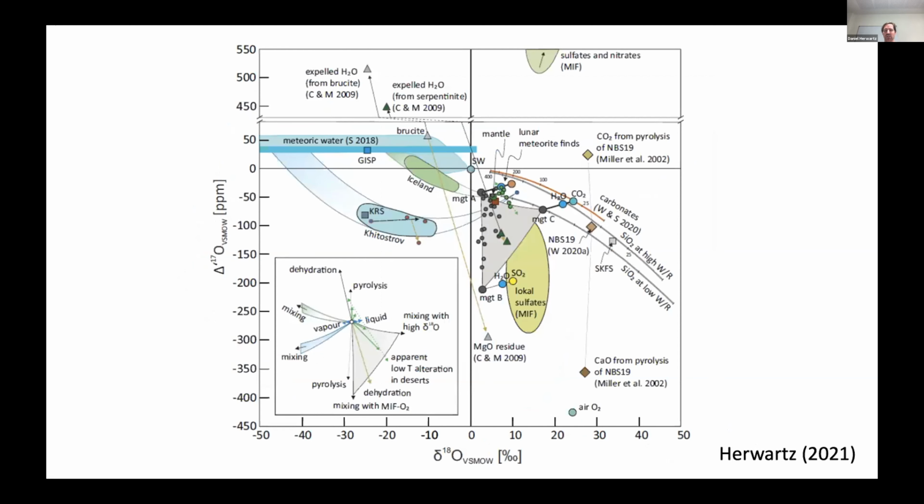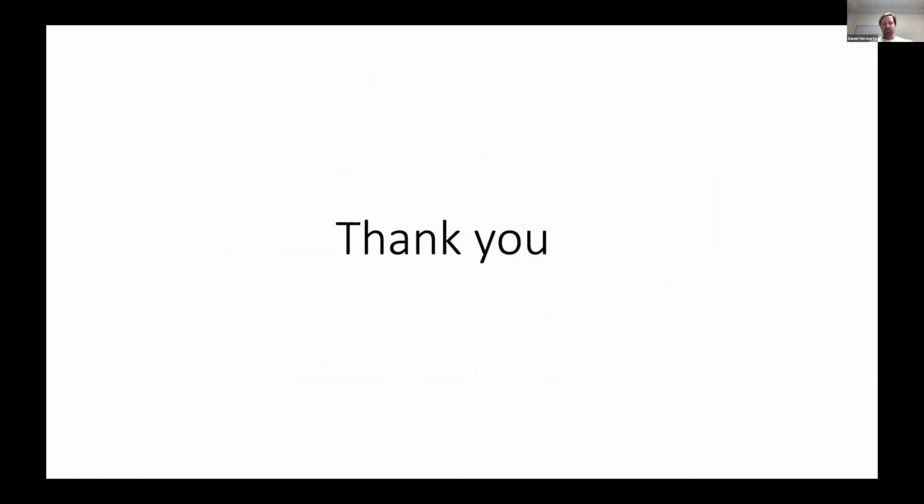And I will leave you with this summary slide showing all of the variation that we can expect in the crust due to different processes. And you can see it's quite a lot. So I think a lot can be done using triple oxygen isotopes in hydrothermally altered rocks or igneous rocks, etc. So thank you for your attention.